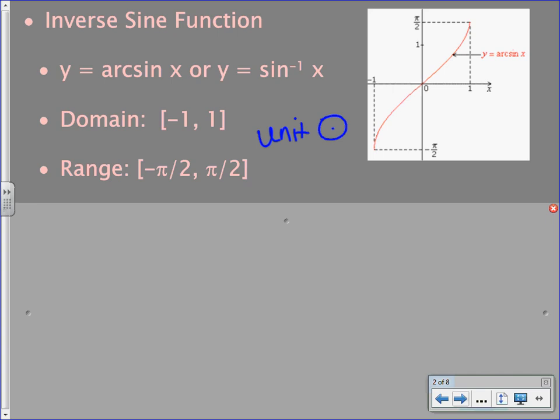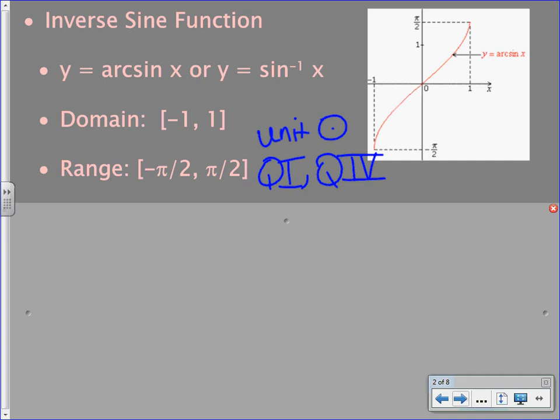Where is negative pi over 2? This is 0. This is negative pi over 2, right? Where's pi over 2? Up here at 90 degrees, right? So which two quadrants is this covering? 1 and 4. So your answers will only come from quadrants 1 and 4.